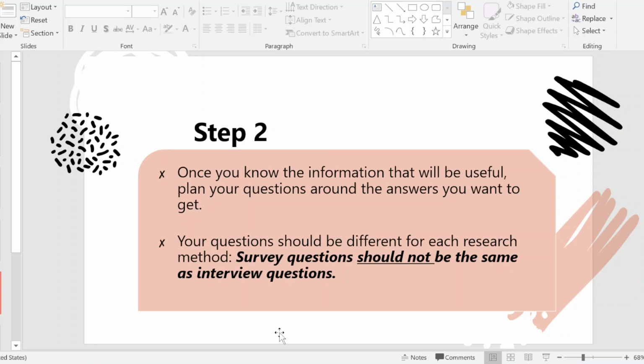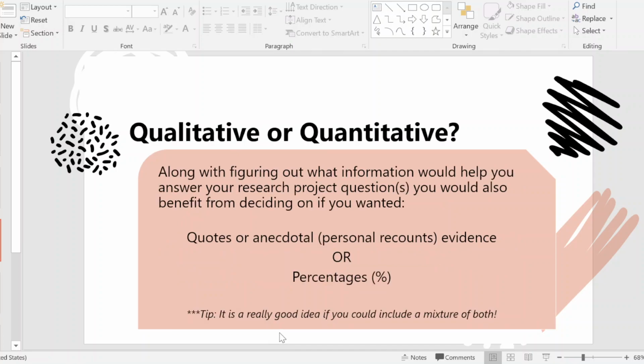So I know that to answer my question, I need to know what this person or these people think about this particular topic. I said think. If I'm saying that they think something, it automatically assumes that I want qualitative. So, going back a slide, I want this anecdotal evidence because I want personal recounts.